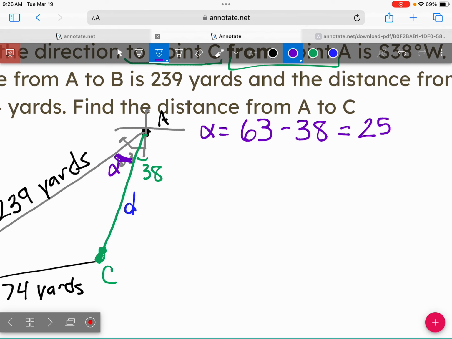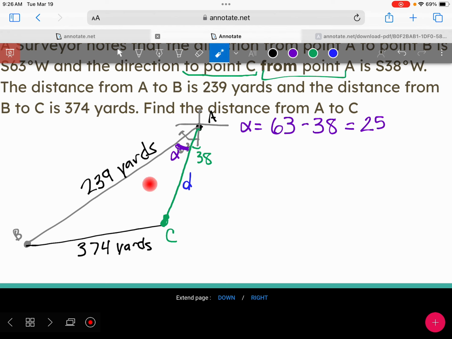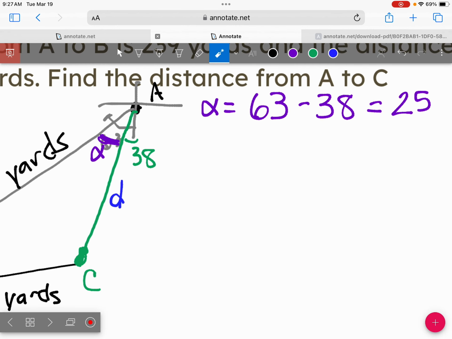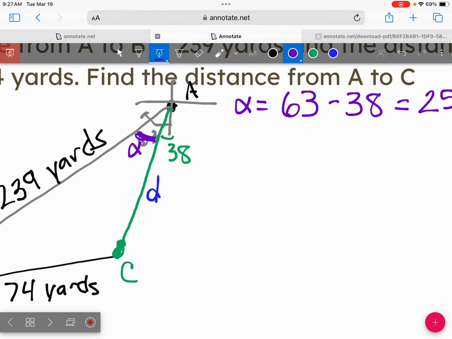From there, what can we get? If I know alpha and side A, where can we go from there? I know side C, so we can find angle C. We're going to use our law of sines. We're setting up our ratio: A over sine of alpha equals B over sine of beta.